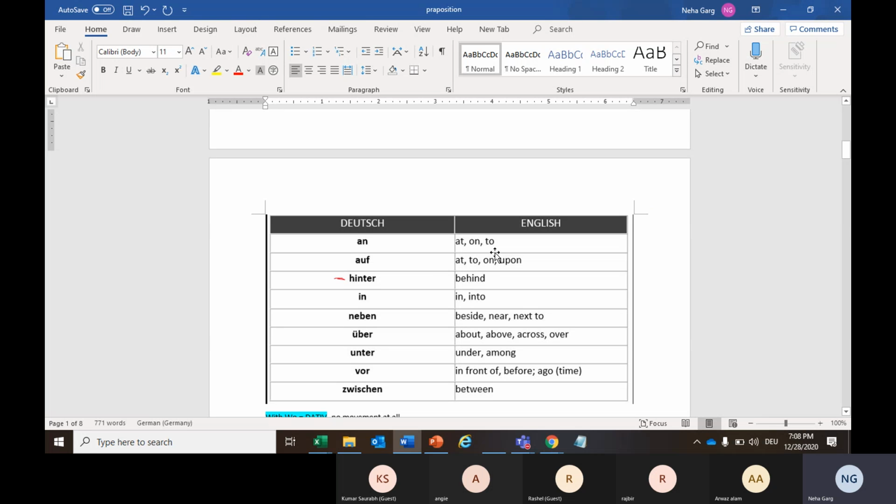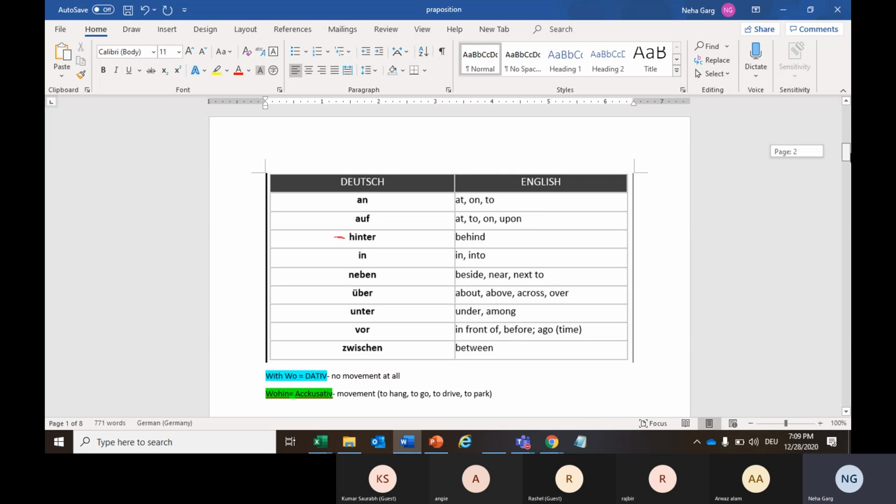For example, a mirror is hanging on the wall or at the wall. So there we use an, as in at something adjacent to something. Then auf, at, to, on, or upon something, on top of something.